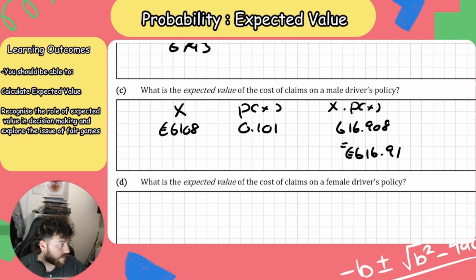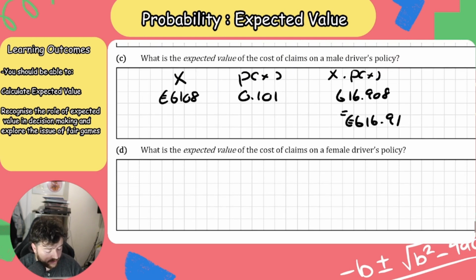So the expected value of the cost of claims on a male driver's policy is equal to the probability of a male making a claim multiplied by the average cost per claim. Then the same thing for female drivers. The average cost of the claim is 6,051.